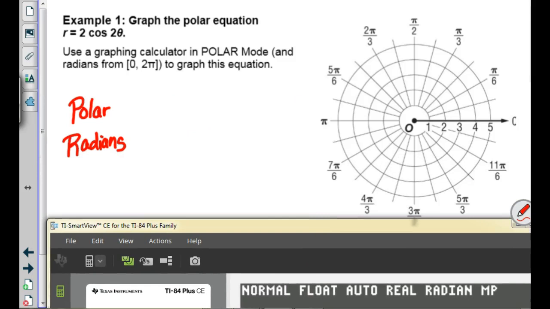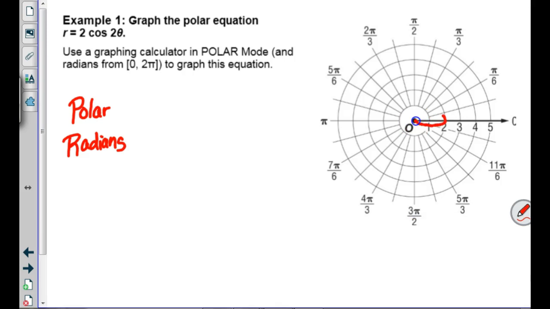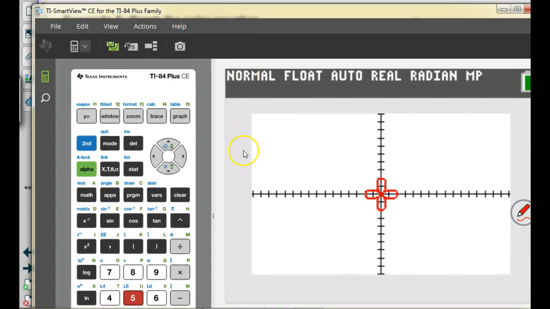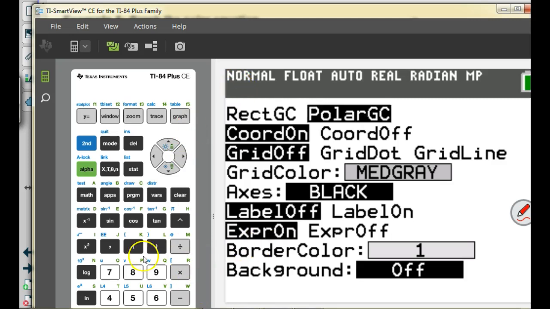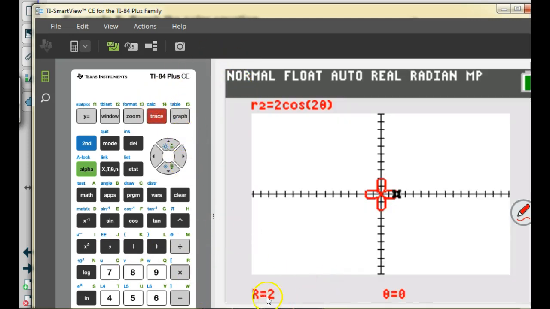So this one, 2 cosine 2 theta, gave us 4 petals whose length was 2. Can you tell on there, guys, that it goes out to 2? I want to show you this, but don't do this, okay? You can trace, right now mine is giving me an X and a Y. I can go to the format and turn it on to polar up here at the top. And then when I went back to trace, it would give me the R and the theta, and it says it's out at 2 here at 0.